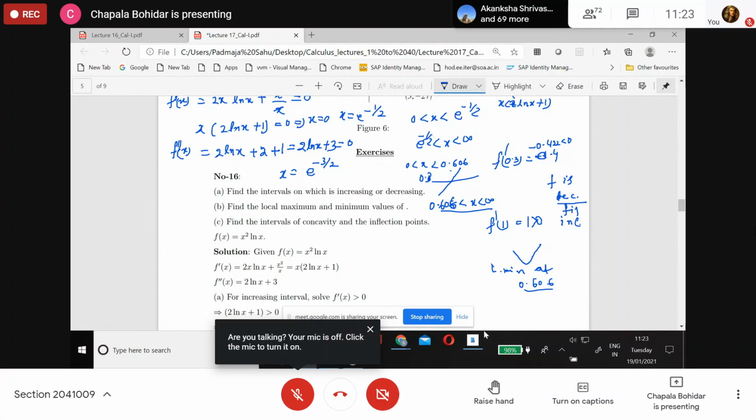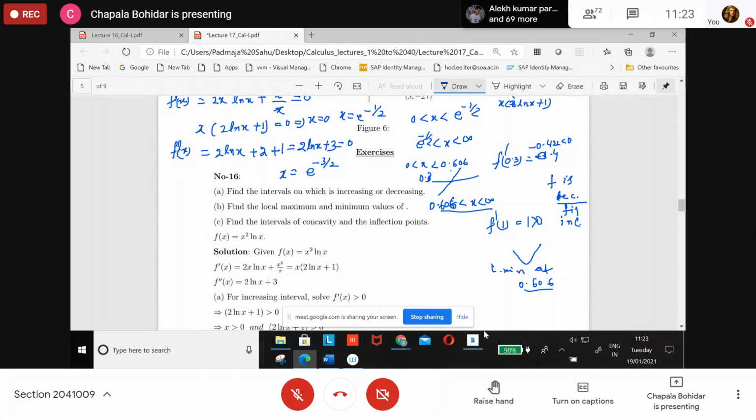Is it clear? Now find out the value of the local minimum.